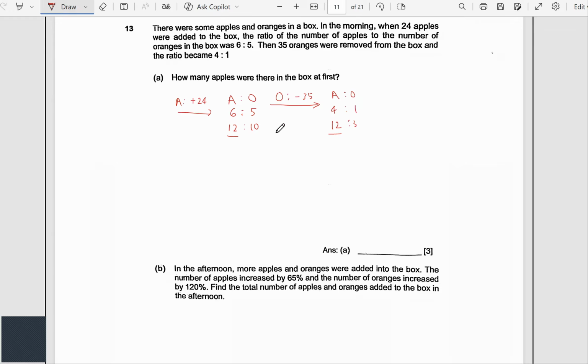So if you compare here 10 and 3, 35 is actually 7 units. So 1 unit is 5.